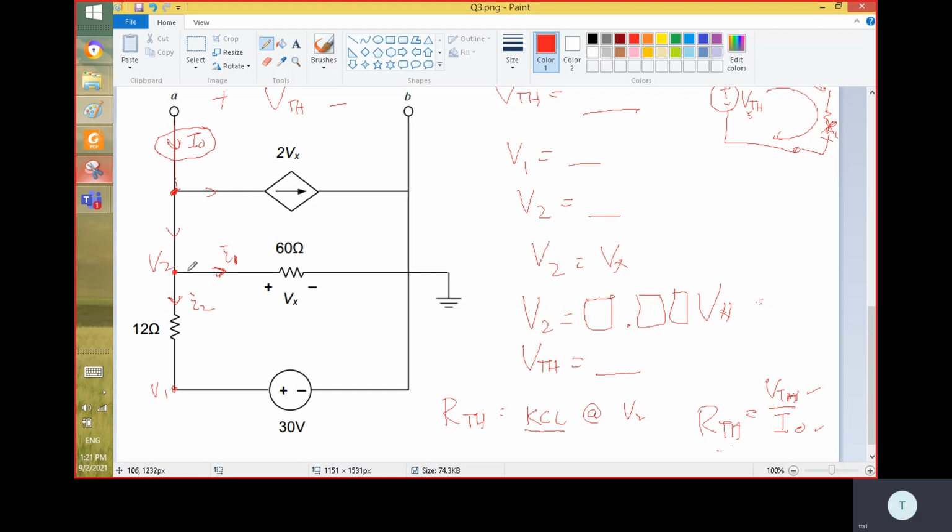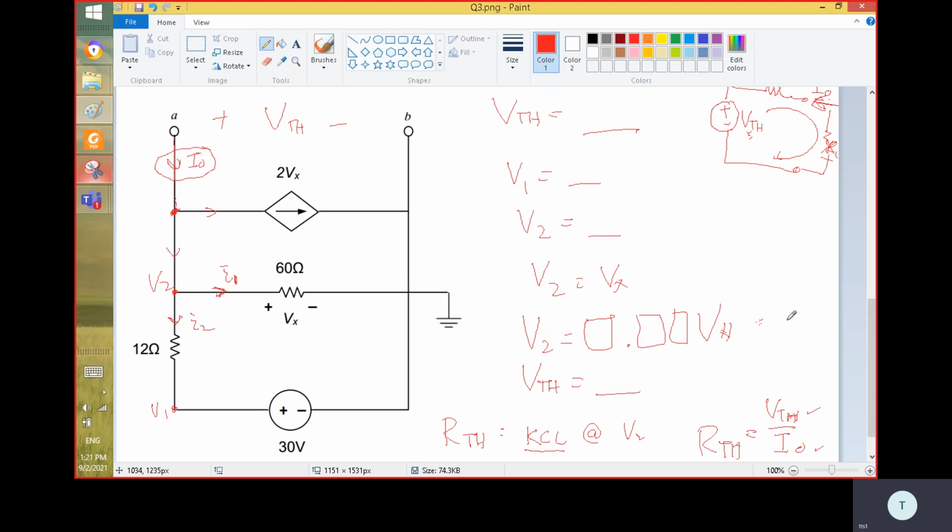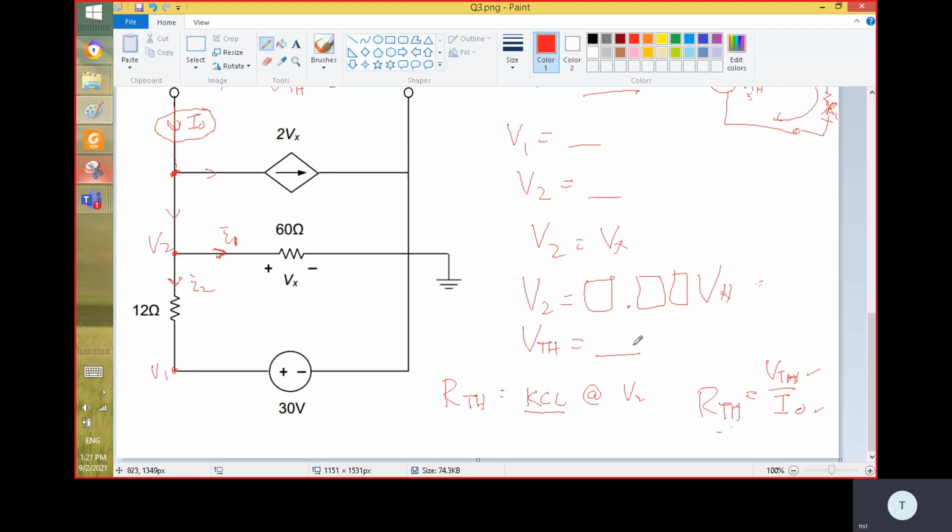I2 is also leaving. So one in, two out. Then you try to solve for all the I. If you can find the I out, then you plug in the previous VTH here, plug in the I out, and you can calculate the last answer for the RTH.